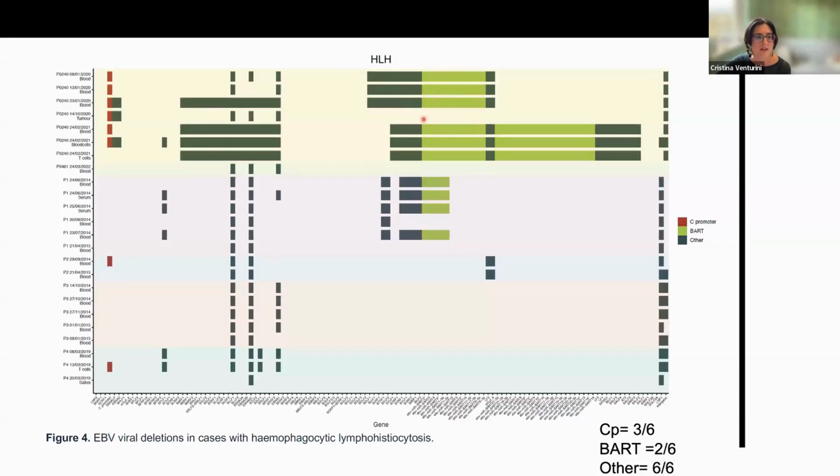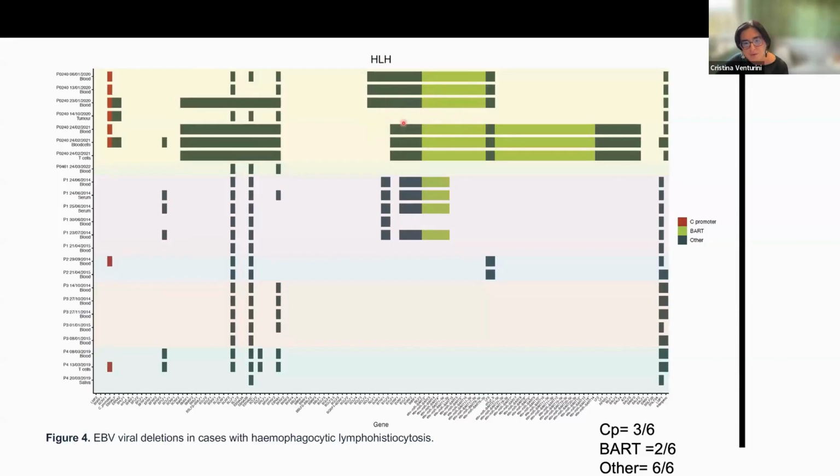The deletion then disappeared after a certain amount of time, and this overlaps with some treatment at the time. But then the deletion came back as a different deletion, a much bigger deletion, still overlapping with the same genes in the same BART microRNA region.